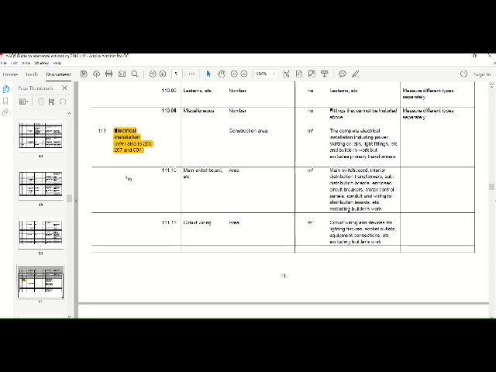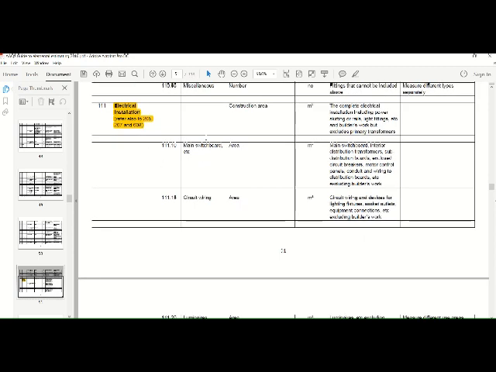So usually in this case, if you do struggle with this, the default would be to actually use a square meter rate. So you would take your BOQ.